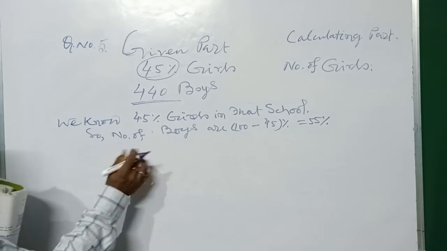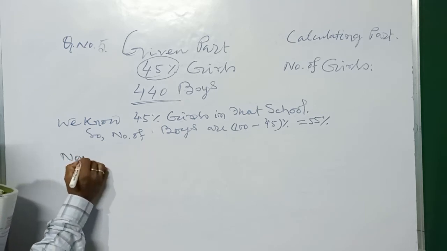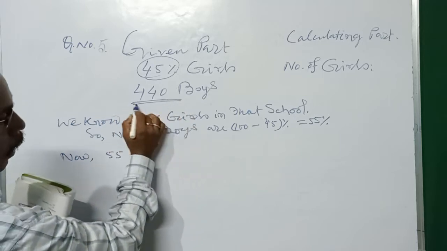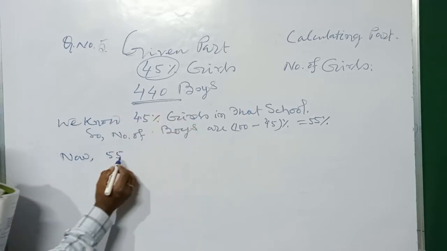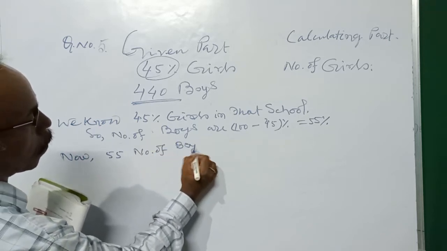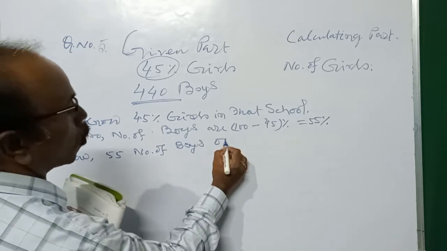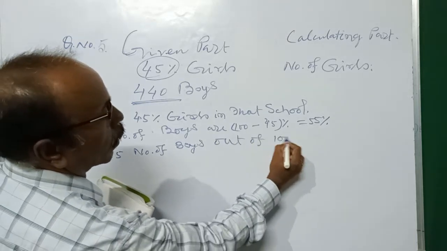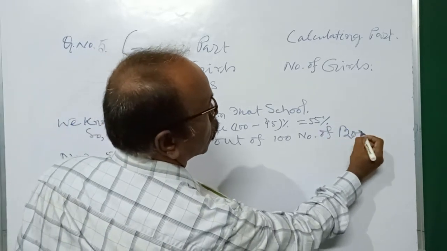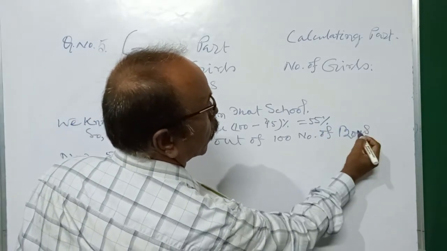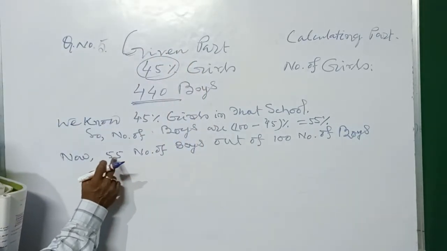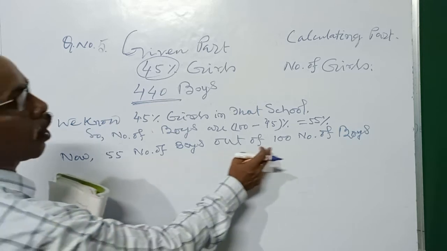So now, 55 boys out of 100 students. You see, 55% means 55 boys out of 100.